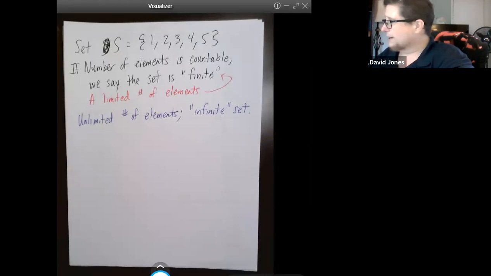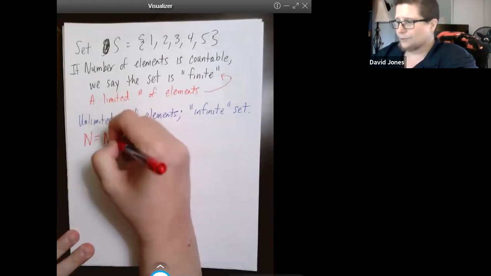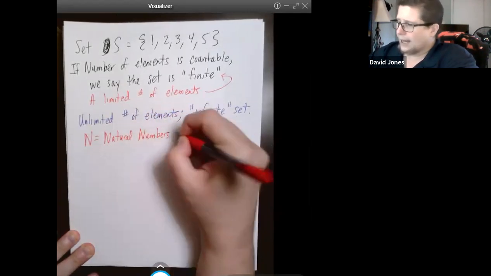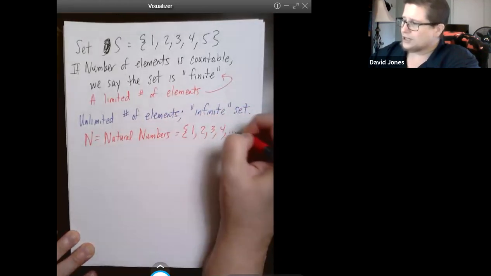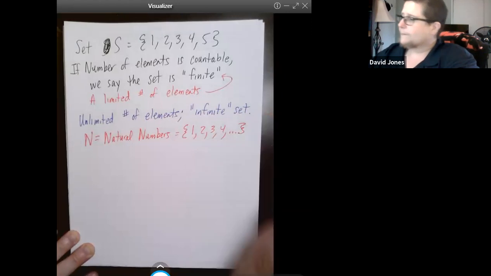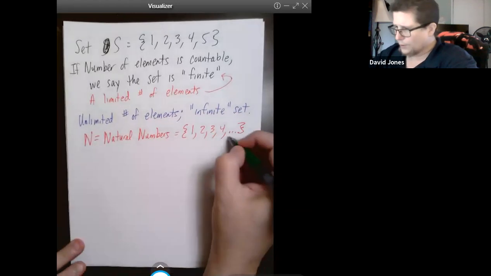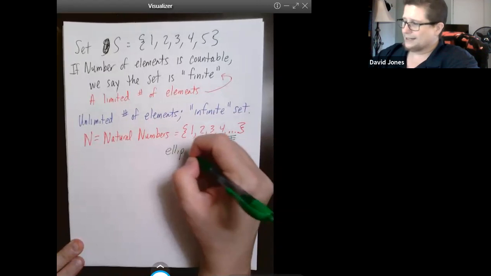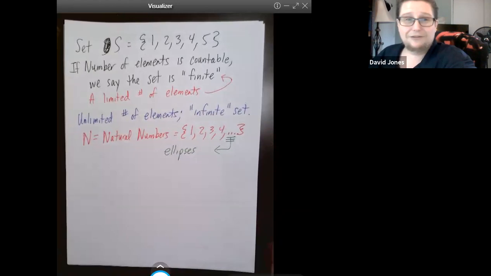So examples of unlimited sets or infinite sets, we have the set N. N is natural numbers. And you know these numbers, they're 1, 2, 3, 4, and they just keep going. And this little thing where you put 3 dots in a row like that, those are called the ellipses, which is funny because near the end of this semester, we're going to have a different thing for ellipses.